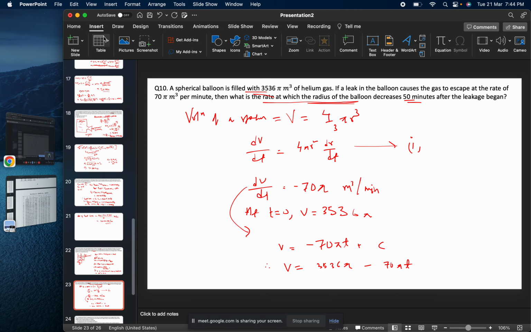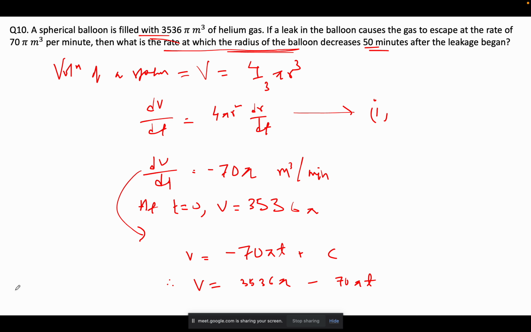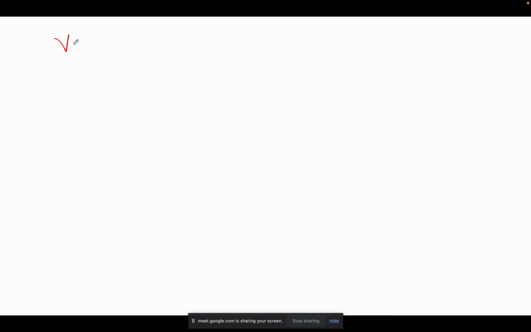Okay, then after this what we got, V is equal to 3536 pi minus 70 pi t. So after 50 minutes what happens?